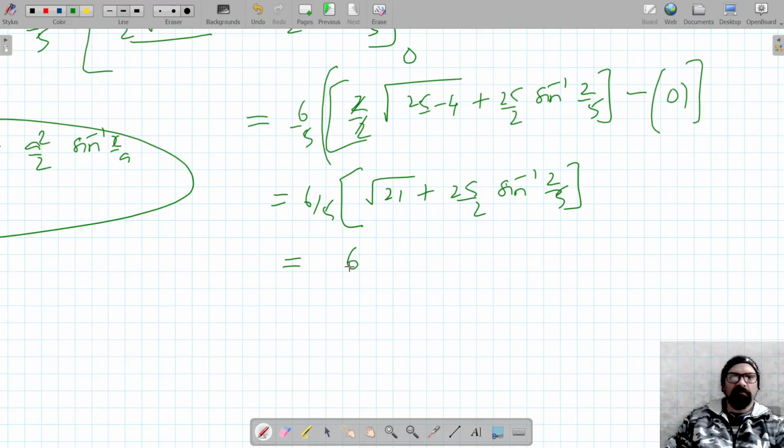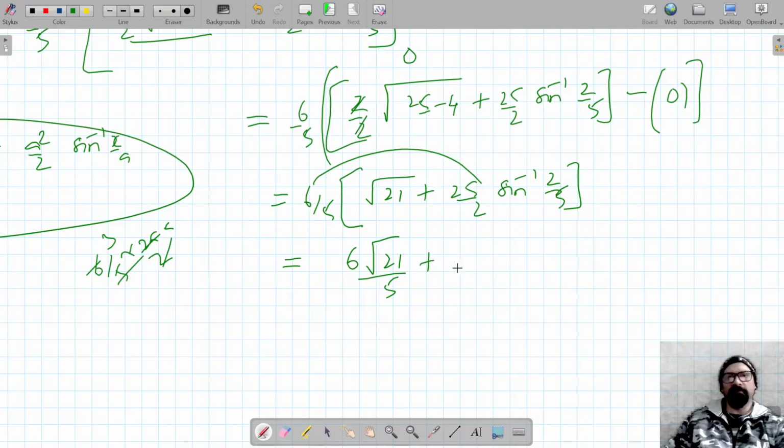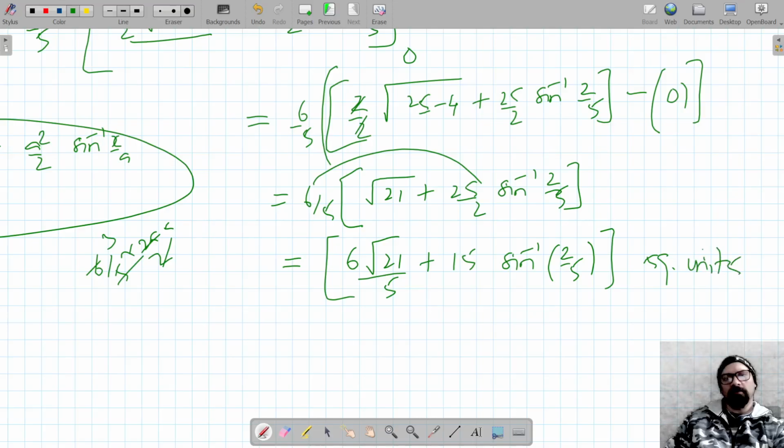Finally I can write it as 6√21/5 plus, if we multiply 6/5 with 25/2, the 5 cancels with 25 and 3 remains, this is 15 sine inverse of 2/5. So 6√21/5 plus 15 sine inverse of 2/5 square units is the required area.